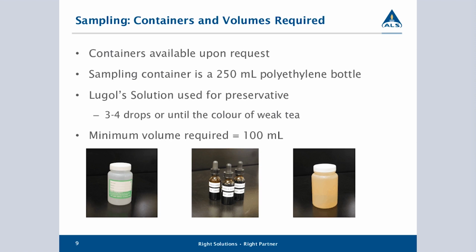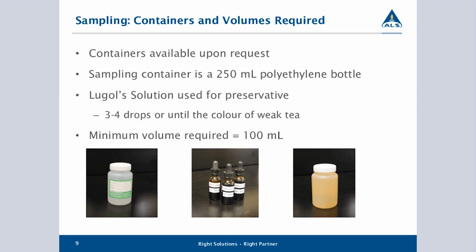A 250 milliliter sample only really requires about 3 to 4 drops, or until the sample is the color of weak tea, similar to the bottom right picture there. One dropper bottle that we provide is usually good for around 30 to 40 samples. We don't require large amounts of water, so we don't need 2 liters of water.